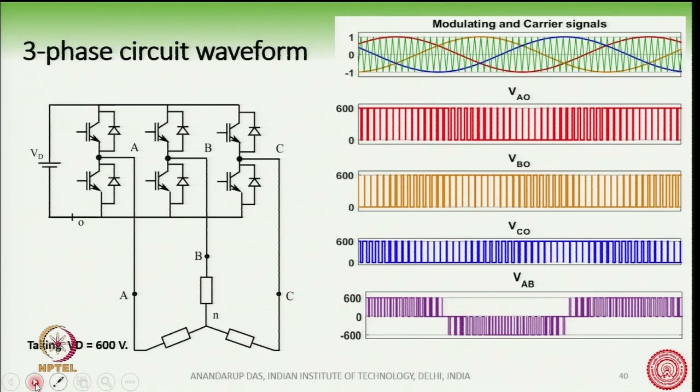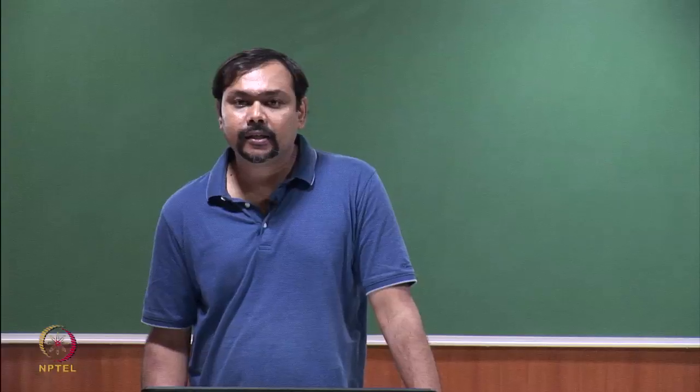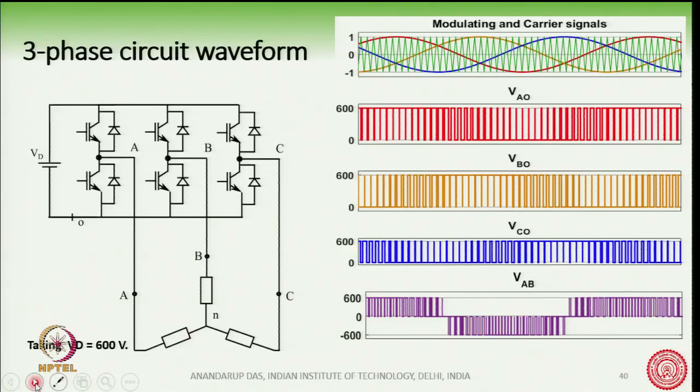So, therefore, we are now showing you the voltage waveforms. As you can see here, if you see the modulating and the carrier signals, we see that there is a high frequency carrier here, and then there are 3 waveforms for A phase, B phase and C phase, the red one, the orange one and the blue one here, and they are perfectly balanced.